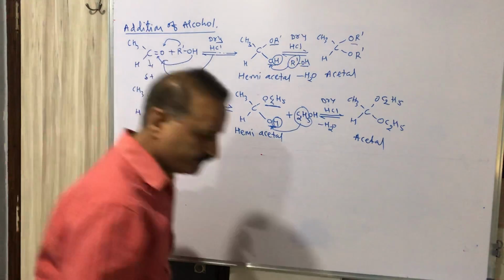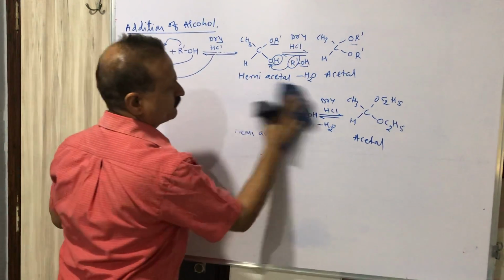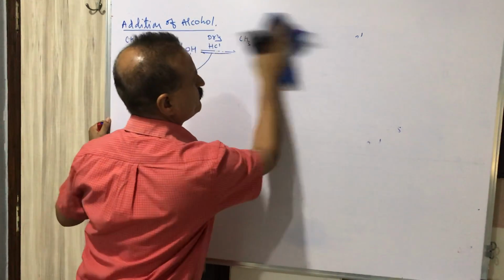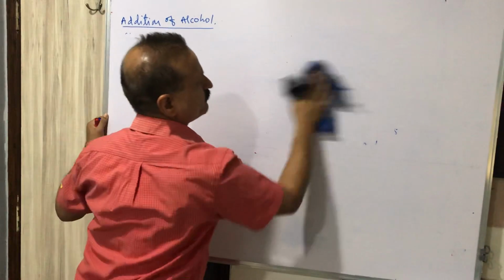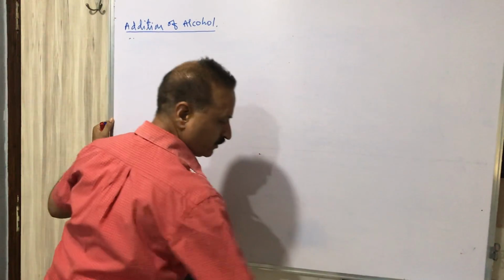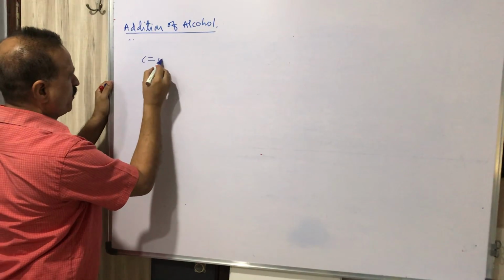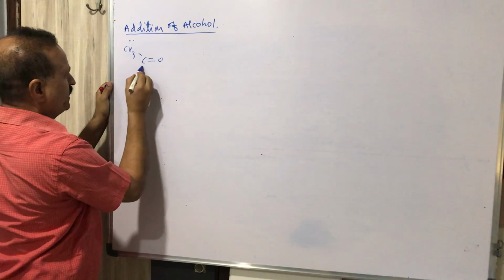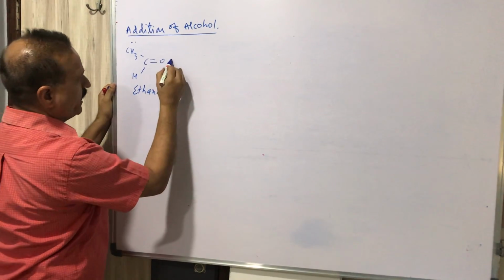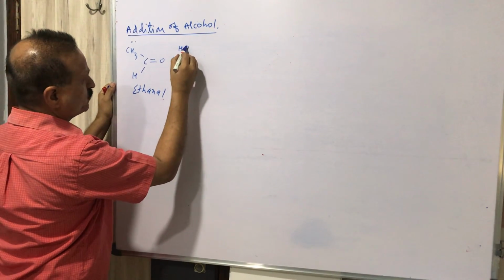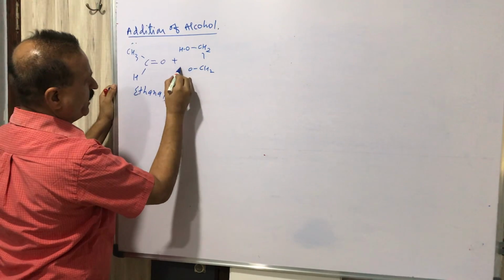Let's see. We have ethanal, C double bond O, CH3, here is H, and ethanal reacts with HO-CH2-CH2-OH.